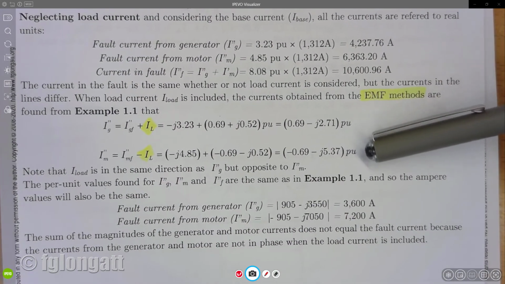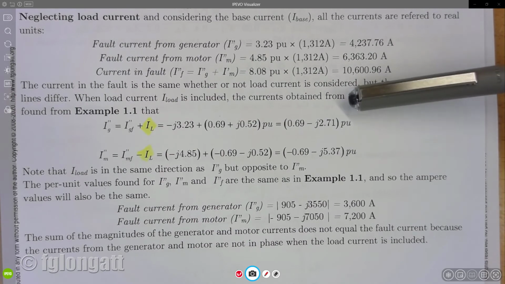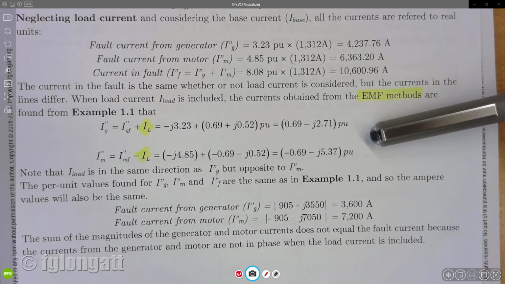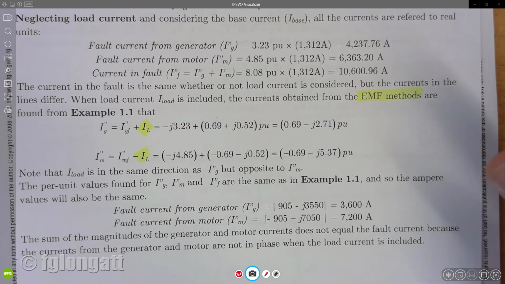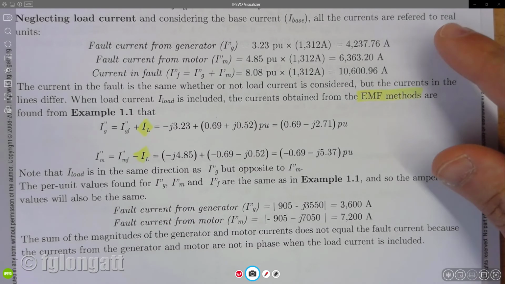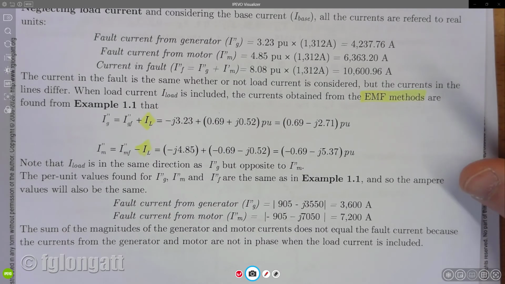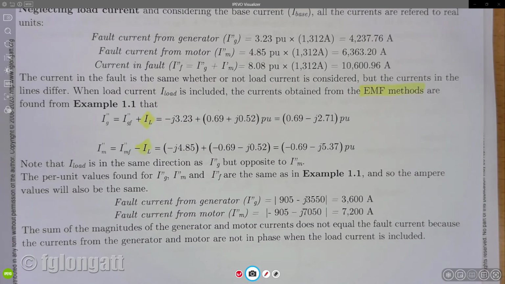And now, what I will do is take those numbers from the example 1.1 and look into the result difference. Okay.